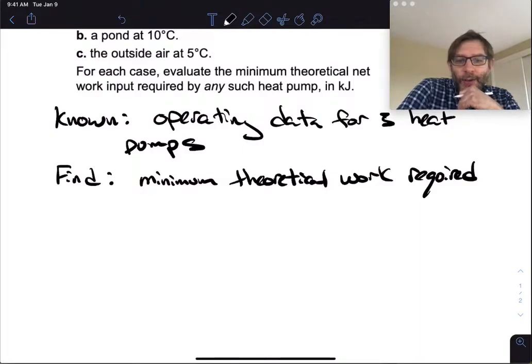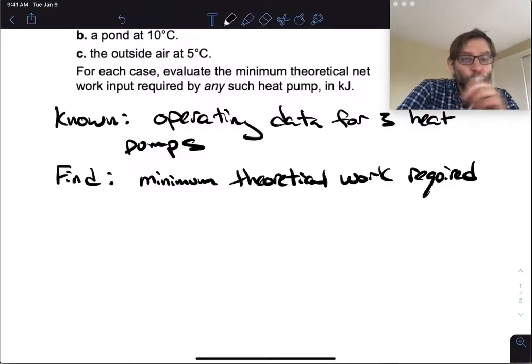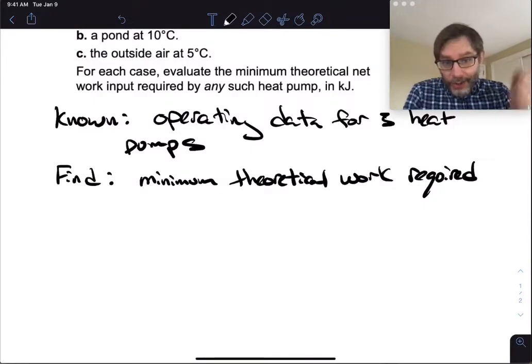Well, let me figure out what the minimum required work is. Because maybe the minimum required work is more than you're willing to spend. It could be more costly, for instance, if you have to provide that as compressor work, in electricity cost to run a compressor, versus how much the gas would cost to just use a furnace and directly heat the building, right?